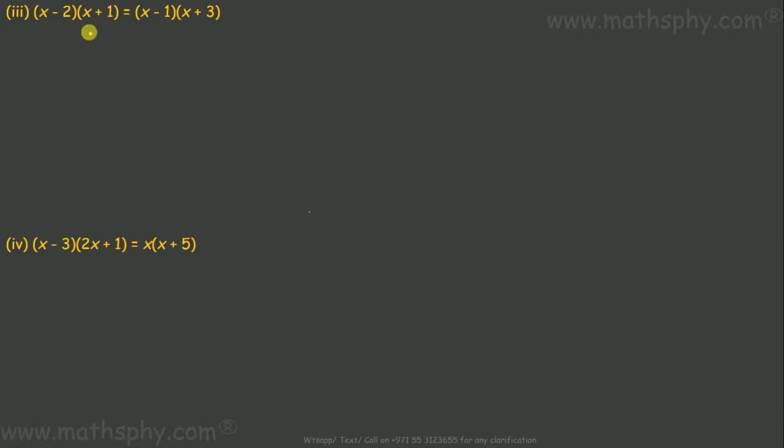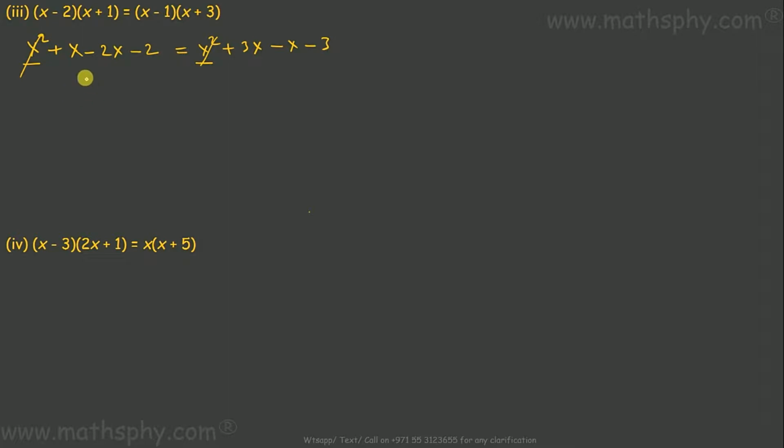So let's solve this. x minus 2 into x plus 1 gives you x squared plus x minus 2x minus 2. x into x plus 1 gives you this, negative 2 into x plus 1 gives you this. Equals to x into x squared, x into 3 plus 3x, negative 1 into x, negative 1 into positive 3, negative 3. So this x squared and this x squared, both are positive, on opposite sides of each other, can be cancelled.